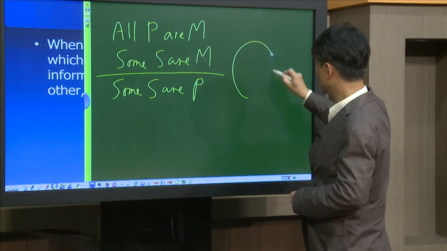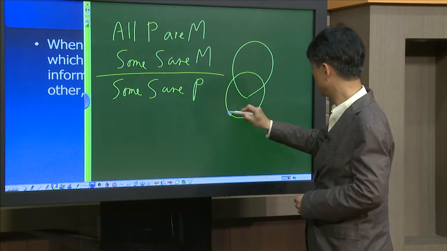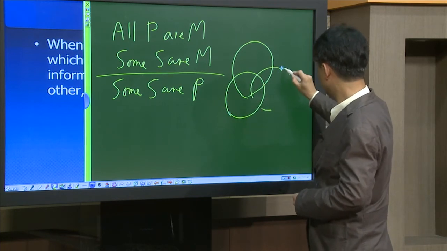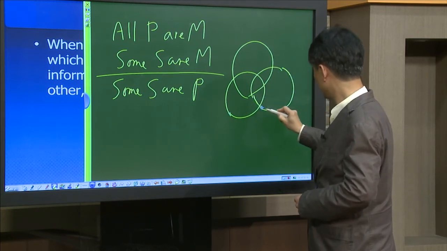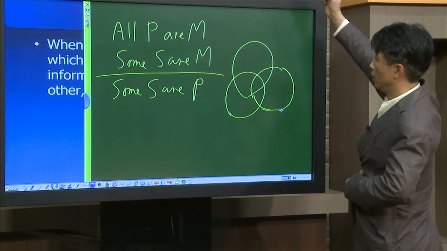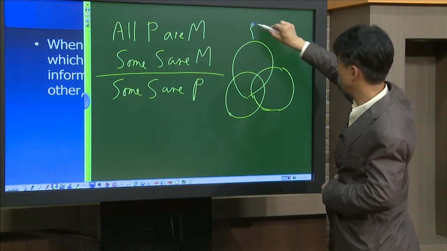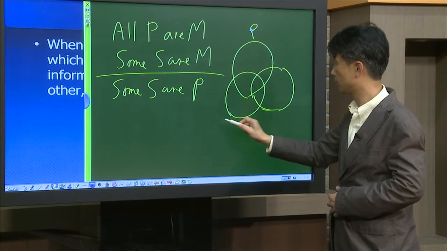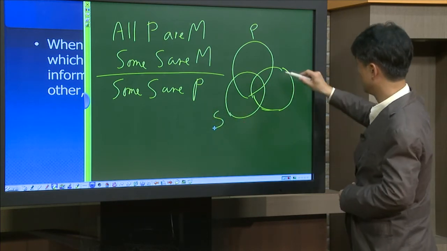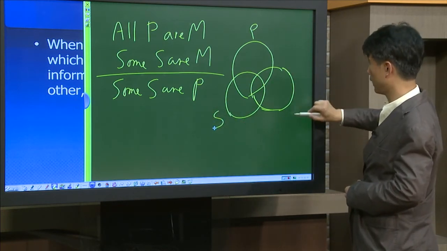You draw three circles. Let's say this is P. That circle is for S. And this circle is for M.